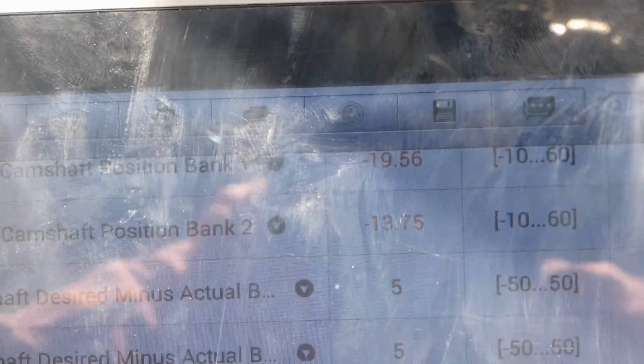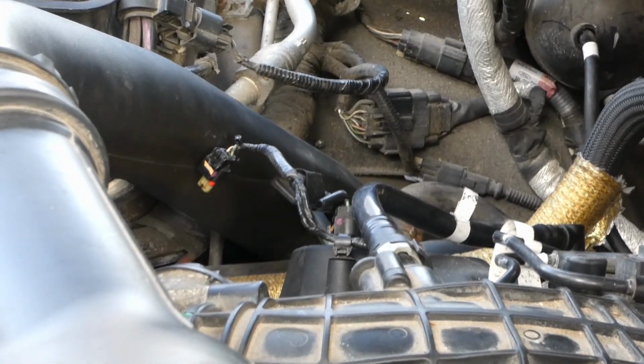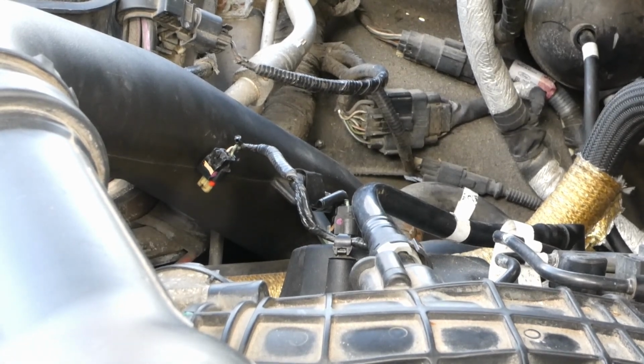If the timing was off that much in teeth, to make it advanced by 20 degrees, this thing would not crank. So it's only advanced because of the phase.